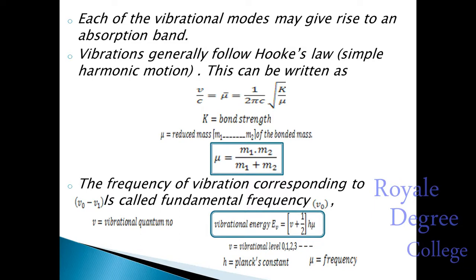Vibrations generally follow Hooke's law, that is simple harmonic motion. This can be written as v by c, which is equal to mu bar. Its value is equal to 1 by 2 pi c under root k by mu, where k is called the bond strength, and mu is the reduced mass of the bonded atoms, whose value is equal to m1 into m2, where m1 is the mass of one atom and m2 the mass of the second atom, divided by m1 plus m2.